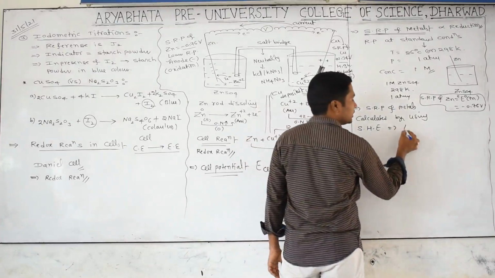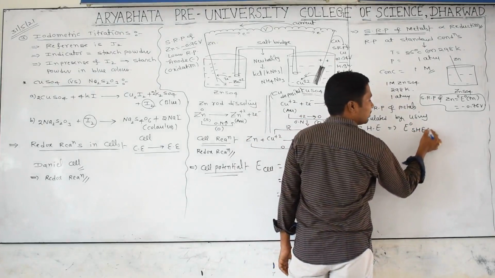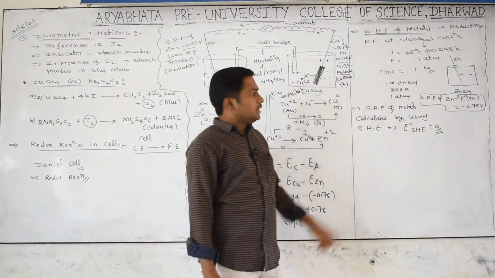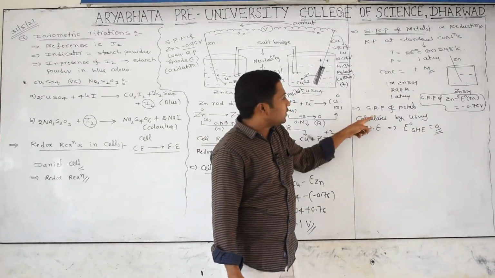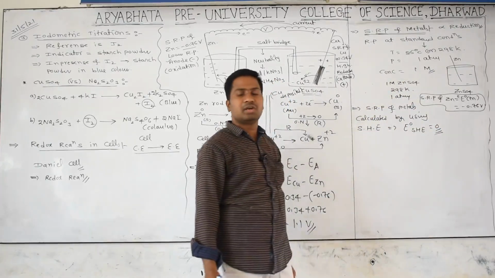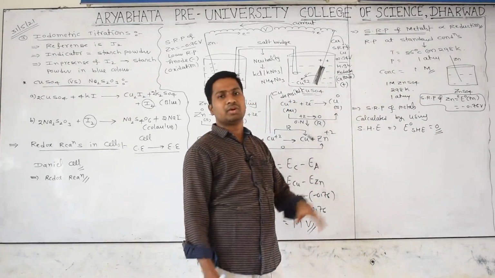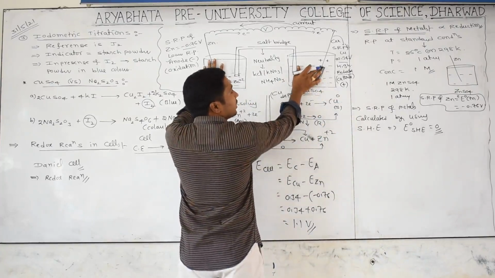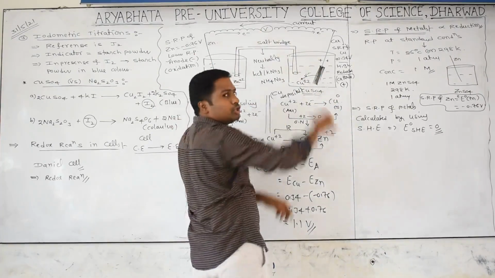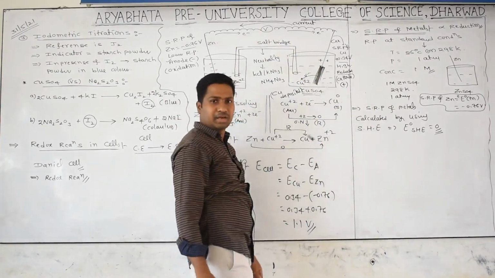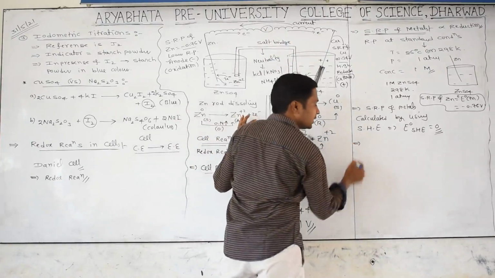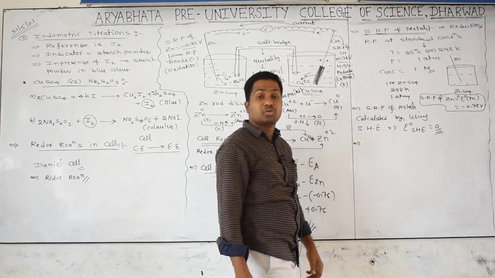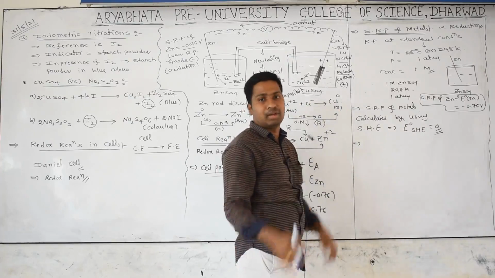The standard hydrogen electrode potential value is always taken as 0, as the reference. They connect the standard hydrogen electrode on one side and the zinc rod on the other. Some reading will show, and that reading is the electrode potential value. In the textbook there is a table with many elements and electrode potential values given; those are all standard reduction potentials of those elements.